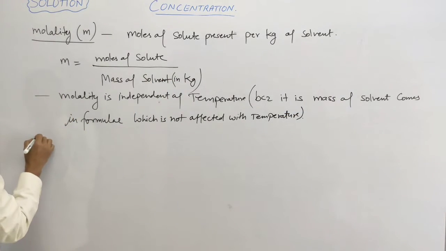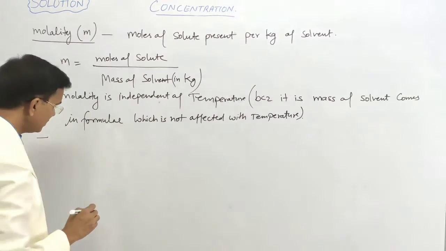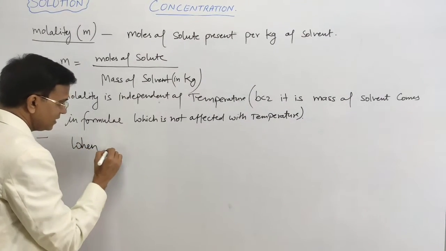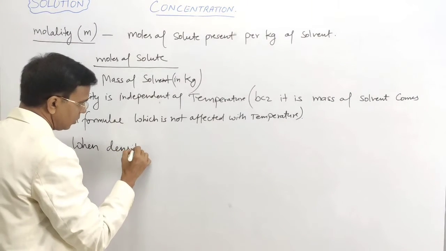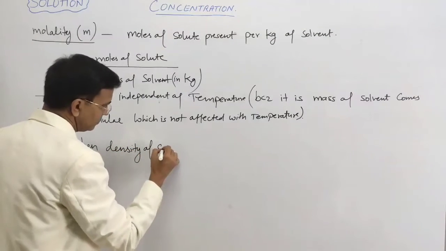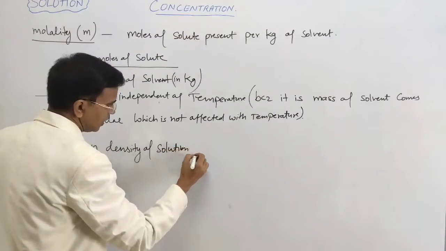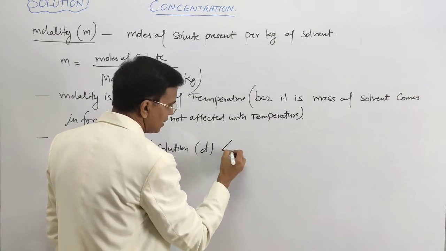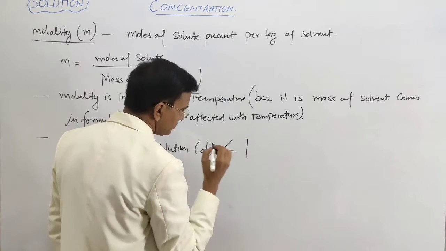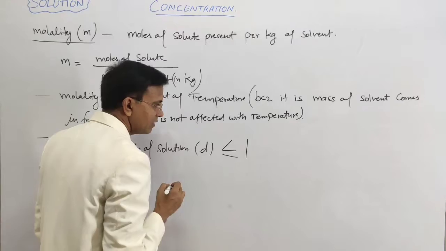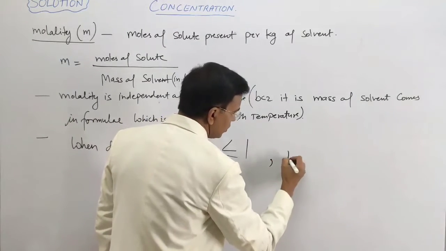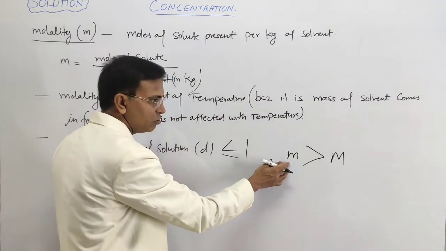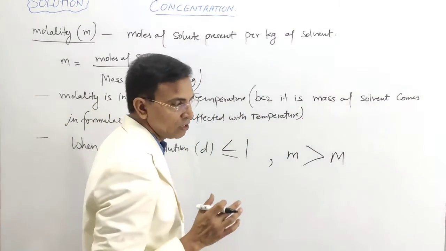Right? Now the next is a very important point. When the density of solution, D, is less than or equal to 1, then the molarity is greater than the molality.